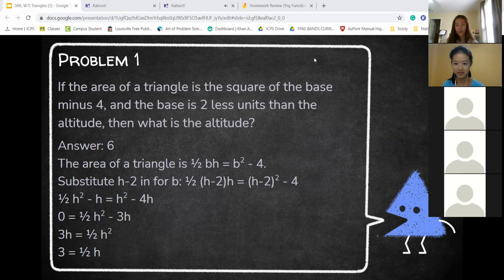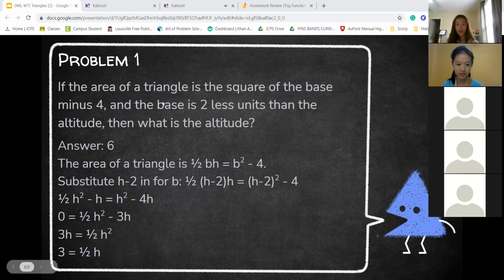So why did we do 1/2 H squared? I don't really understand the question. My question was, for the formula 1/2 BH, you got 2H. So wouldn't that cancel out with the 1/2?